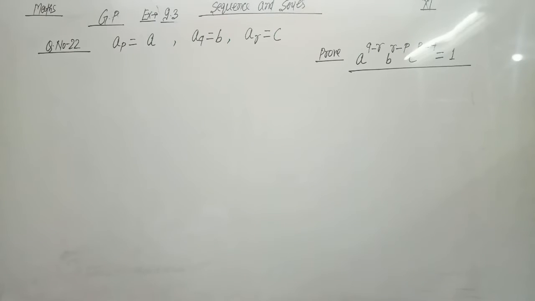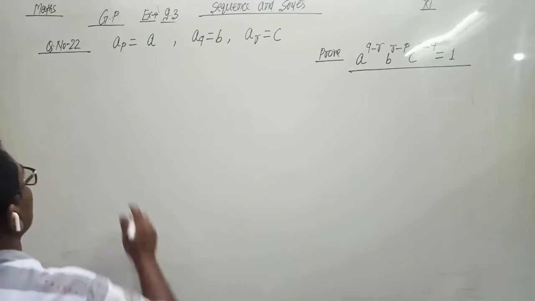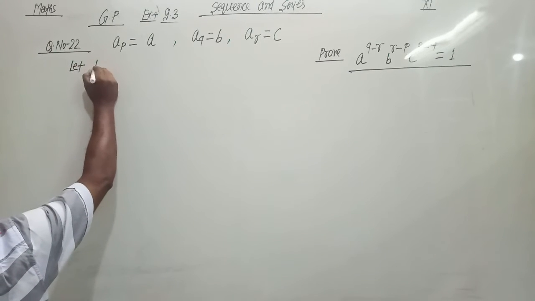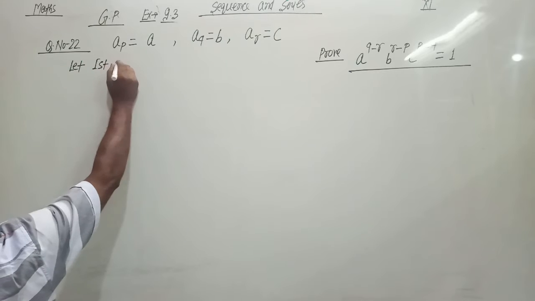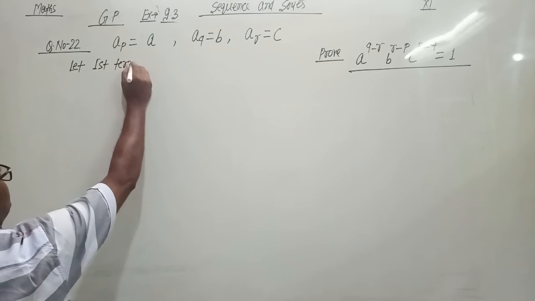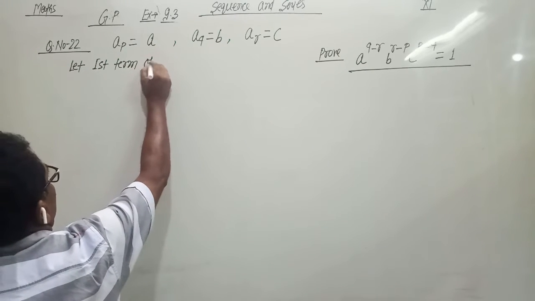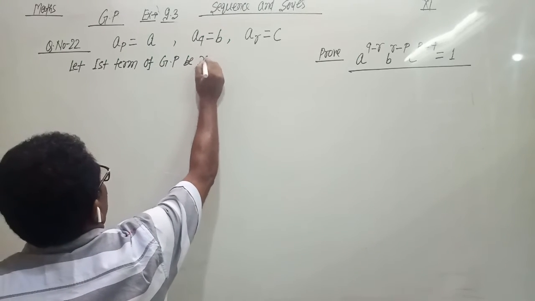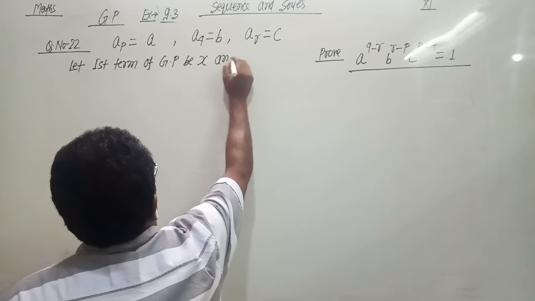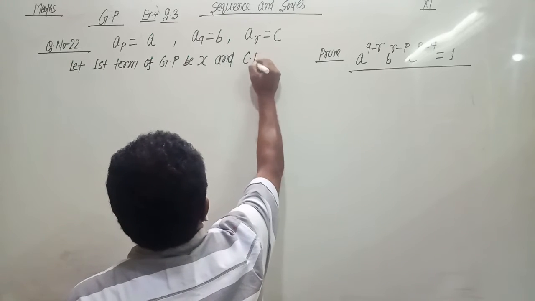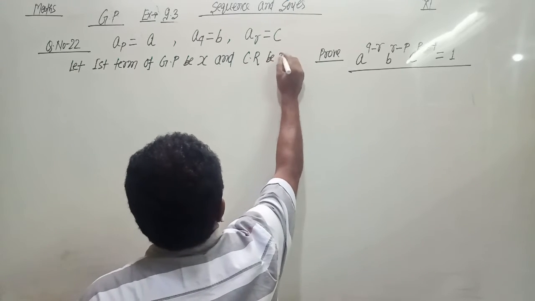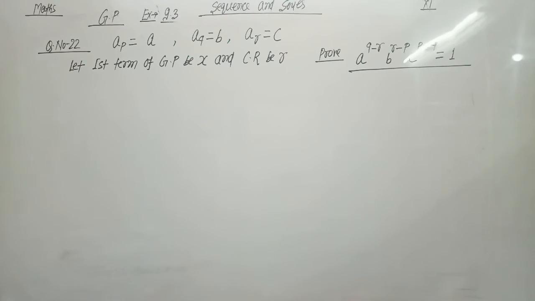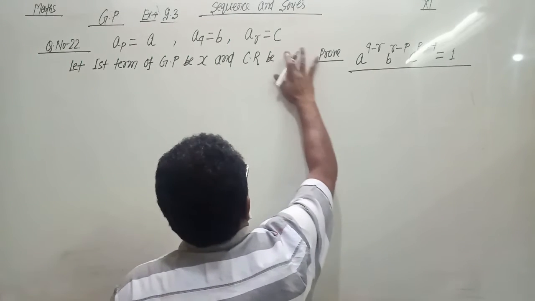And we have given the pth term is a. So let the first term of the GP be x and the common ratio be y.